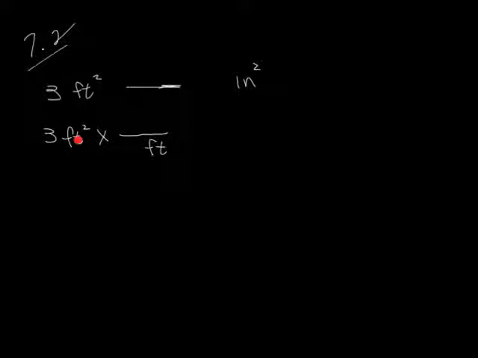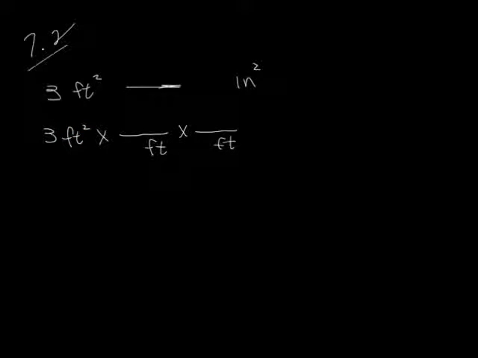We can't be left with 1. So we have to get rid of both of these. So whenever you're dealing with square feet, we made our times sign, we drew our line, we drew our feet, but we're going to do it twice. Okay? So now when we cancel, we're going to cancel this one and this one with this whole thing.